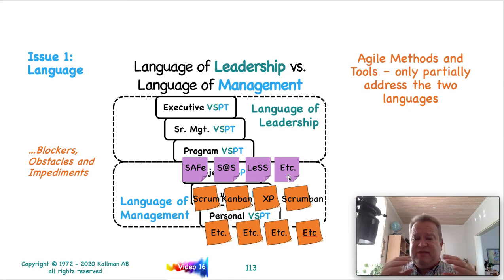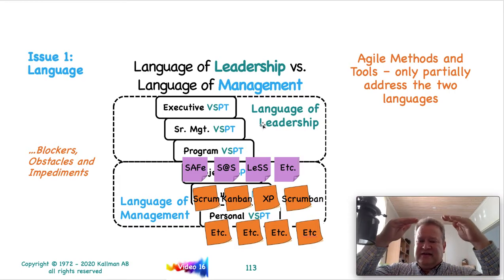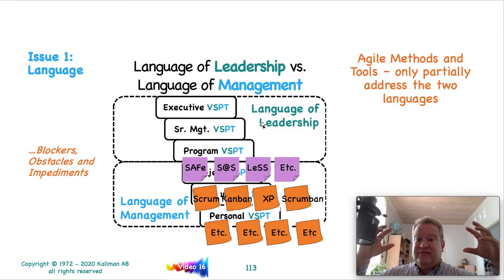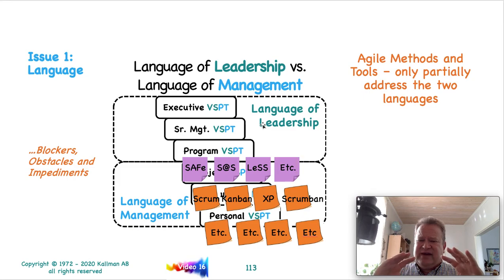They themselves have admitted, yeah, these are more the tool sets and frameworks rather than the mindset and the soft skills that you actually need to succeed. And the soft skills that you need to succeed occur up here in the language of leadership. And again, that's why Flow is a leadership framework that sits above all of this and helps both the leaders and the management be able to communicate with the teams and the individuals.